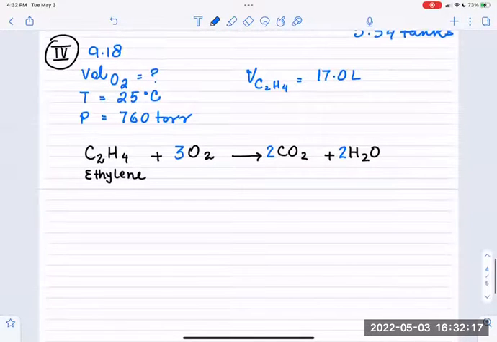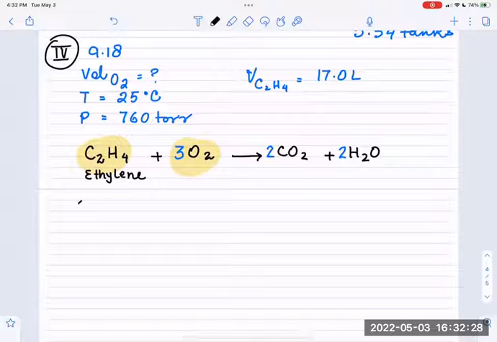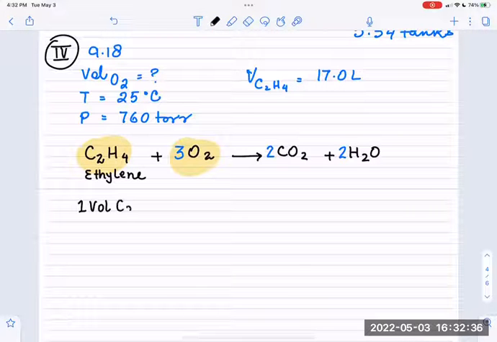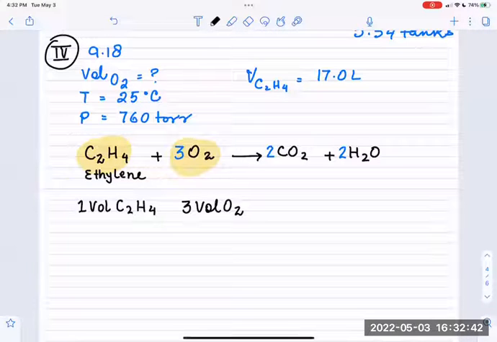So here we are focusing on the ethylene, 1 mole of ethylene and 3 moles of oxygen. This also means 1 volume of ethylene, let me write this down as C2H4, is reacting with 3 volumes of oxygen. Okay, this is one thing.